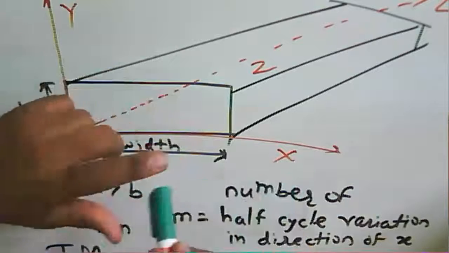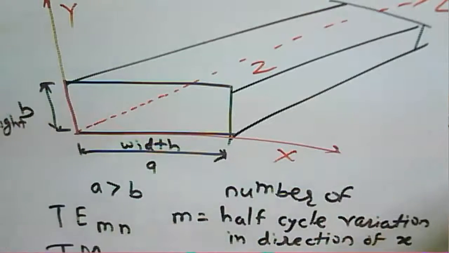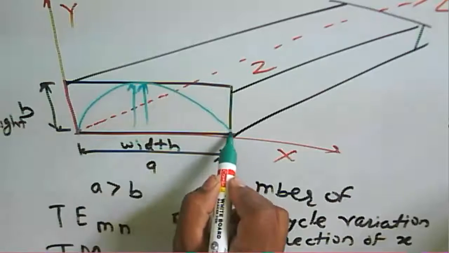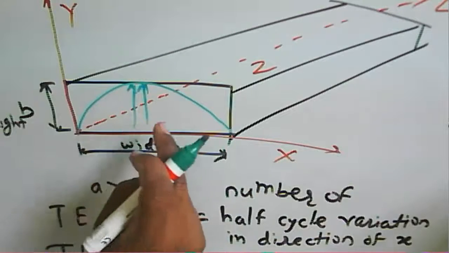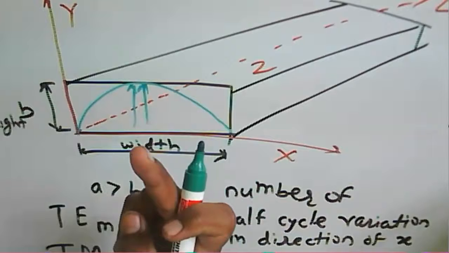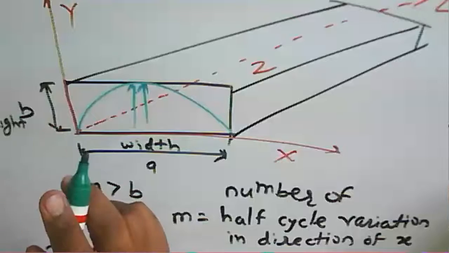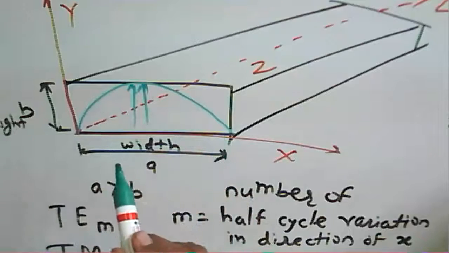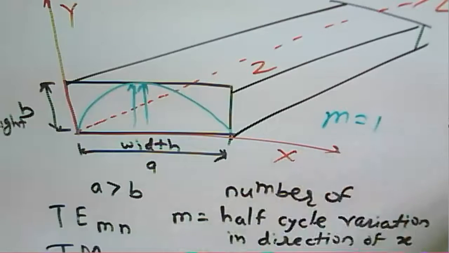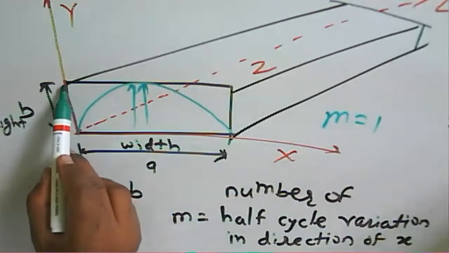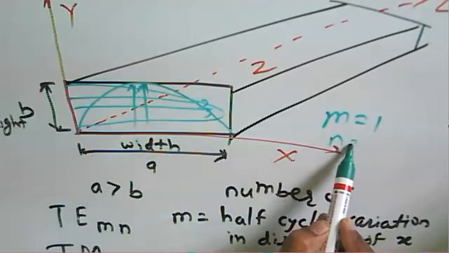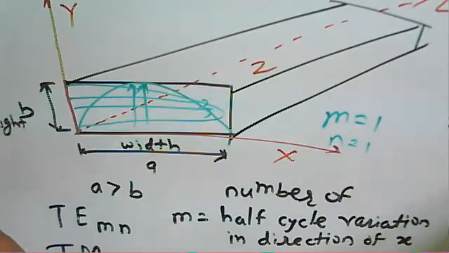Now I say x variation, the electric field component along x. Suppose this one is one half cycle. So half cycle variation is one, and in that case m will be one. If it is a half cycle variation, we say it is one. Then m is equal to one. If I am saying the half cycle variation along this b direction, then n will be one. Likewise, we say there are various numbers of modes.